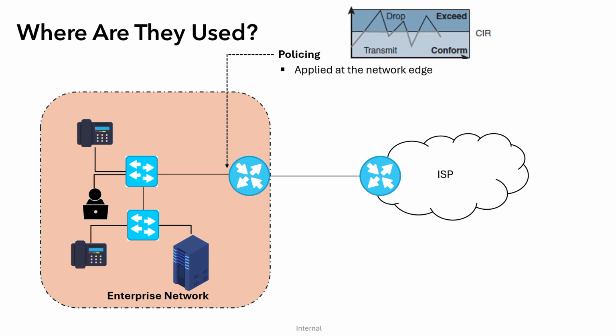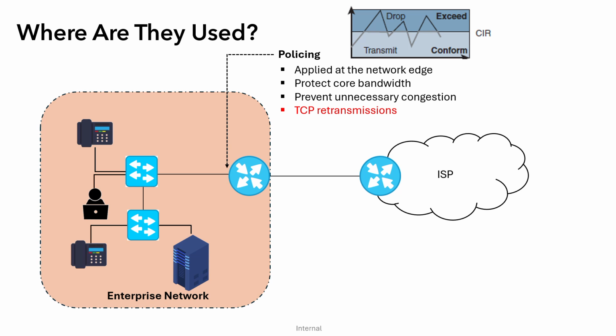As you can see in the graph, as soon as it crosses that barrier, it drops. This helps in protecting the core bandwidth and preventing unnecessary congestion. But dropping packets can cause TCP retransmissions.